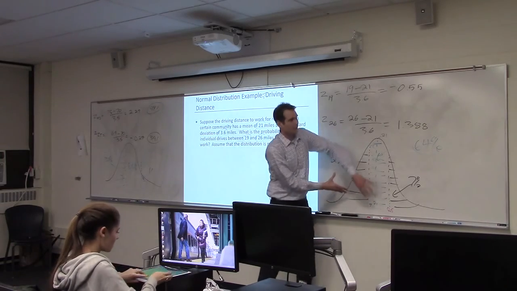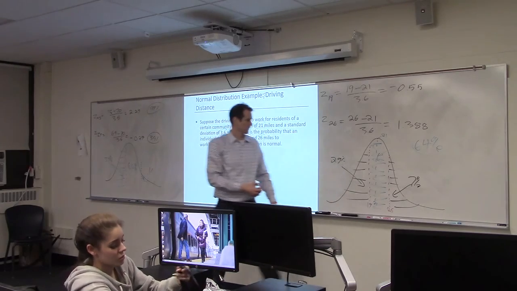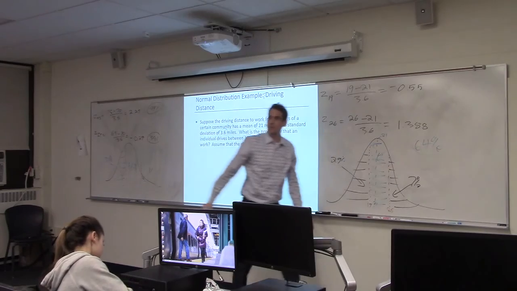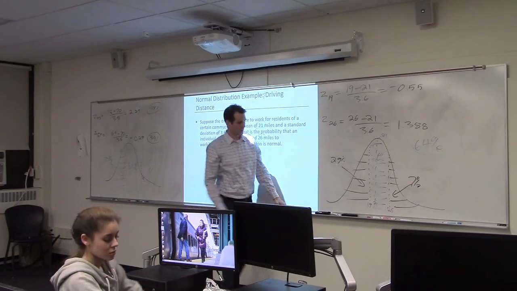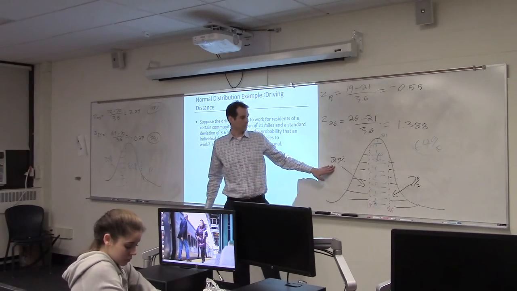If it's negative 0.55, it's just reversed: 29% would be below it, 71% above it. So this piece below 19 is 29%.